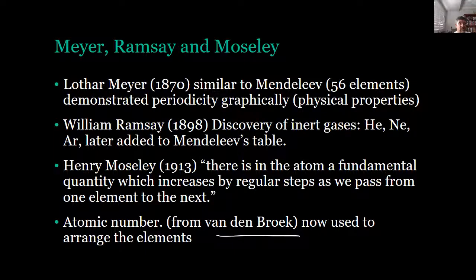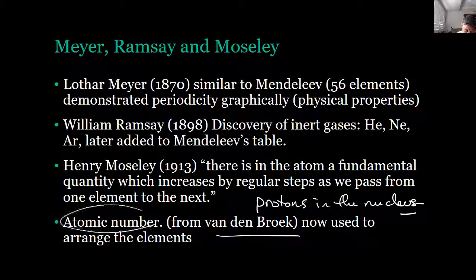This charge within the nucleus we now know is a result of an increasing number of protons, and the increasing number of protons in the nucleus is now what we use in ordering our periodic tables. So those numbers go up by atomic number, which is now the key, and that's how we arrange our elements.